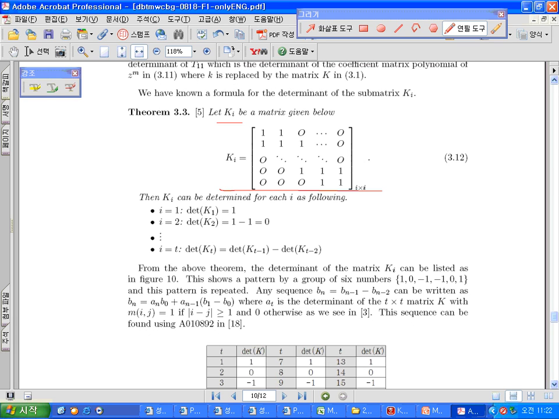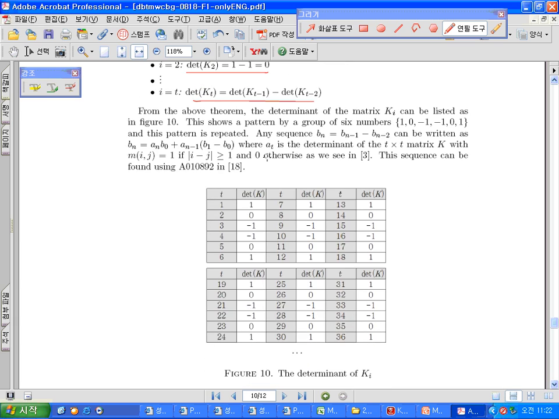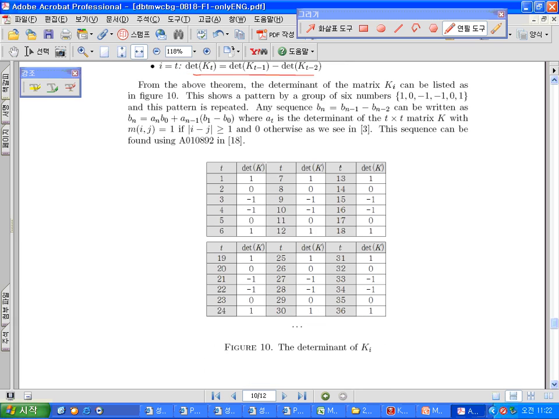Then the determinants of K1, K2, and so on can be obtained in this way. From here, we can figure out that the determinant of K can be listed in this way. This exactly matches our conjecture that was found from Mathematica.